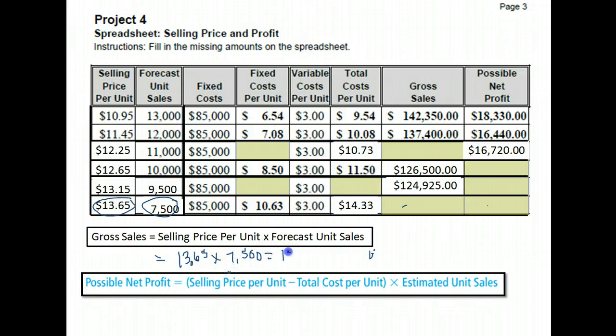Okay, when we do that, we get $102,375. So my gross sales is $102,375.